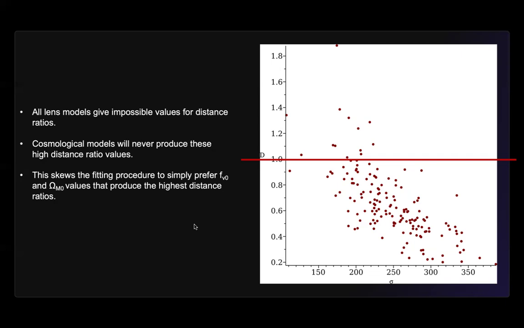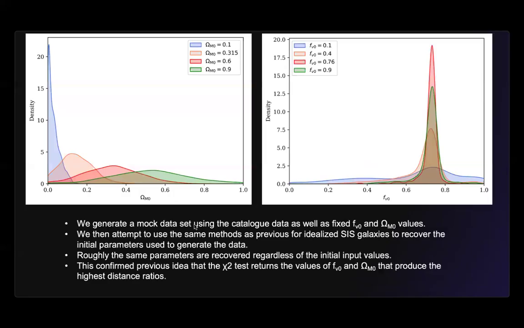So I went away and did mock catalogs and simulations. What I did was I took fixed values of f_v0 and the matter density Omega_m0, and tried to apply my fitting procedure to this mock catalog I generated to see if I could recover the values I put in.